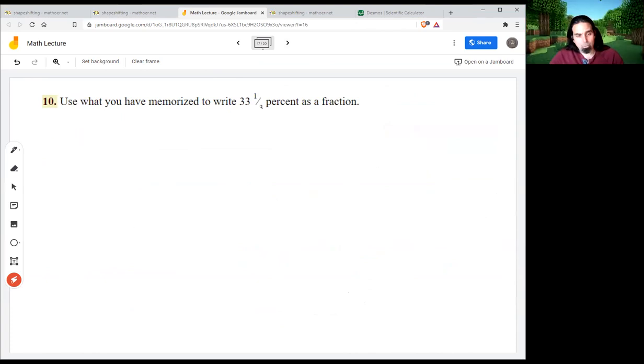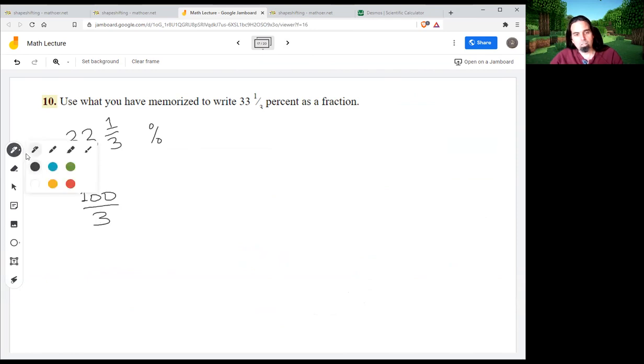Okay, 33 1/3%. I want to write that as a fraction. So I would do the same thing. 33 times 3 is 99, plus 1 is 100 thirds. I want to replace the percent. I have a fraction in the percent thing. So I would take my 100 thirds and replace it by the times 1 over 100.